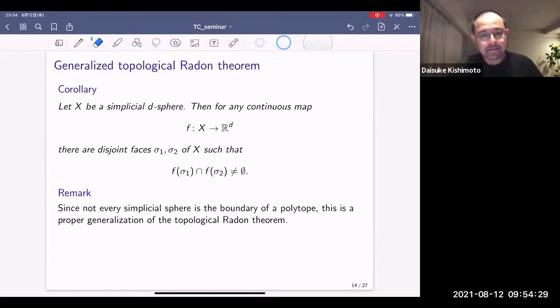So this corollary is also considered as a somewhat Borsuk-Ulam theorem with combinatorial flavor. Any questions so far?